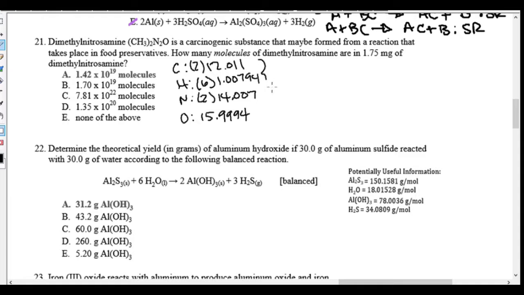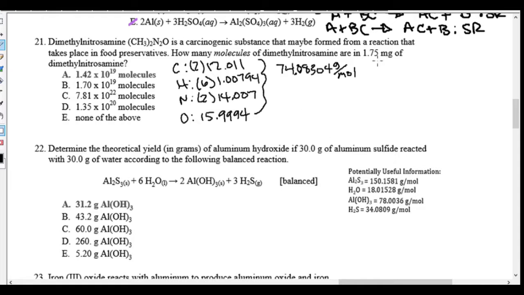When we add all of this together, we get the molar mass of 74.08304 grams per mole. And we want to know how many molecules are in 1.75 milligrams.